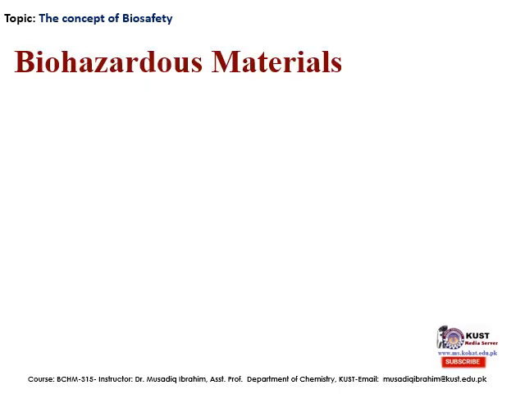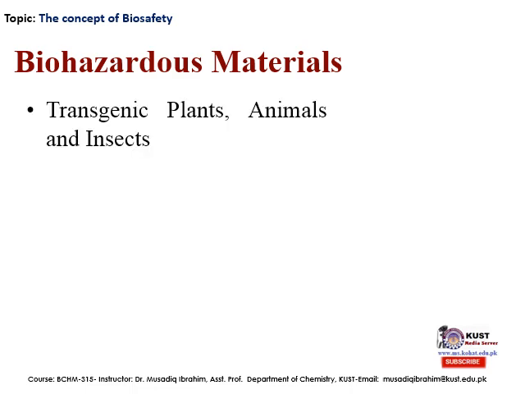Now the biohazardous materials other than virus, bacteria, fungi, and others which we discussed in the previous slide, there are certain other materials which are also termed biohazardous material. For example, the transgenic plants, animals, and insects.